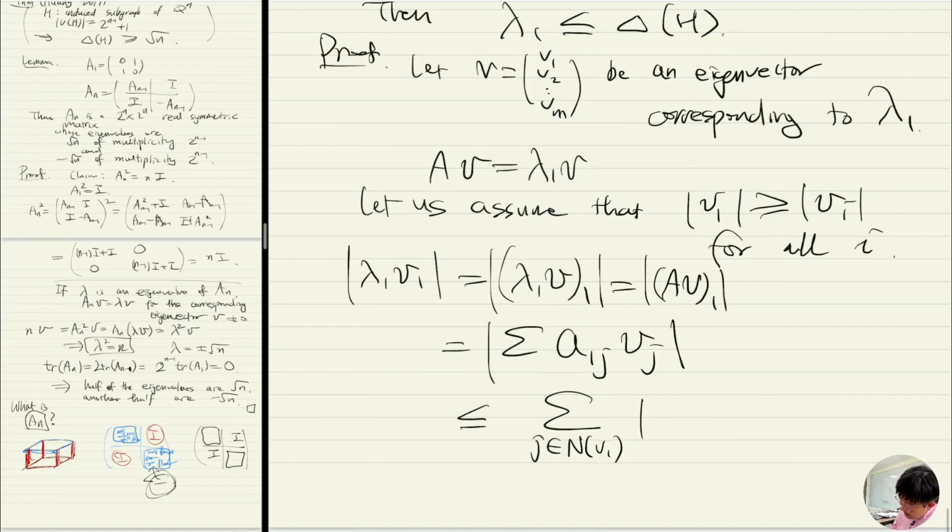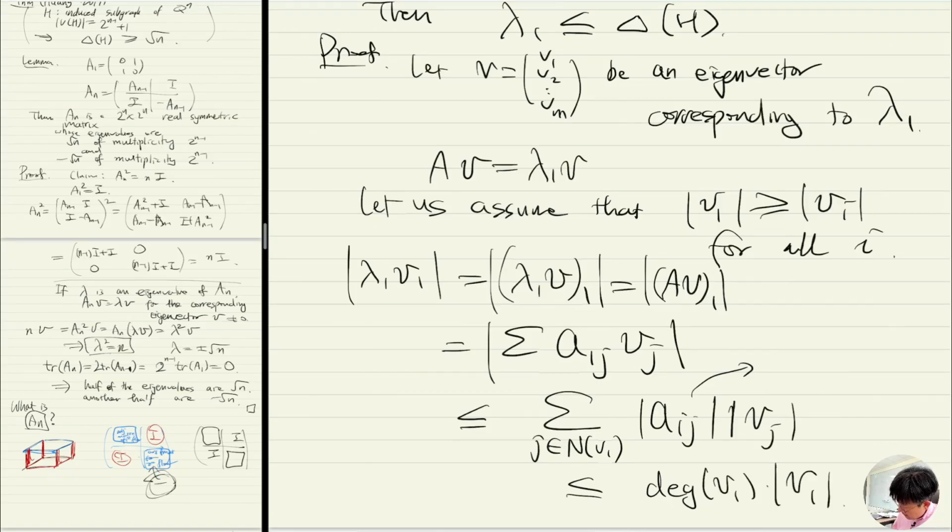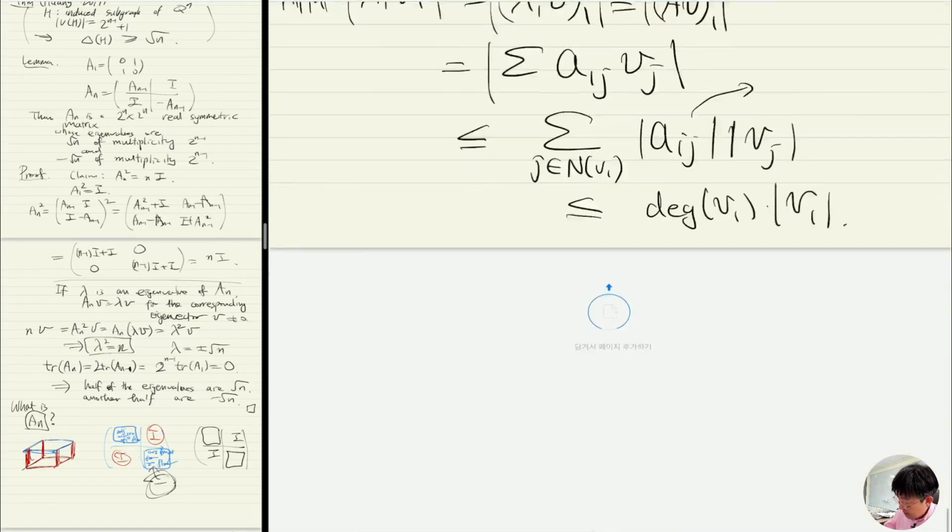And then the absolute value of A1J times VJ, but the absolute value of A1J is 1, so this is like the degree of V1 times the upper bound, which is V1, right? And this is equal to lambda 1 times V1, right?